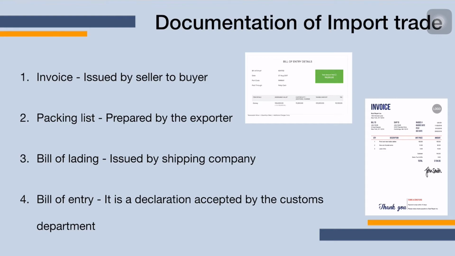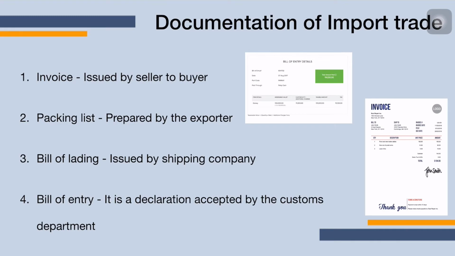The exporter. The seller gives the invoice or the bill to the buyer, that is the importer. Next we have the packing list. Who is doing the packing of goods in the import trade? It is the exporter, so this list is prepared by the exporter.